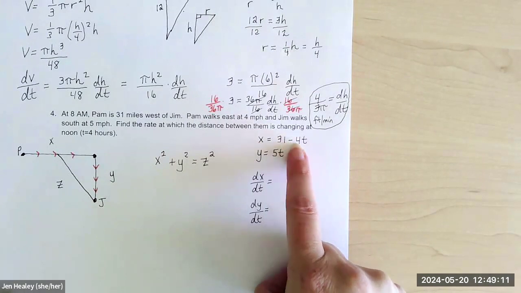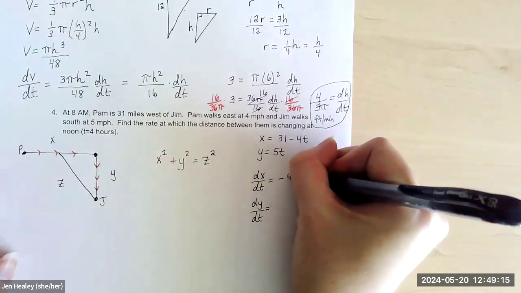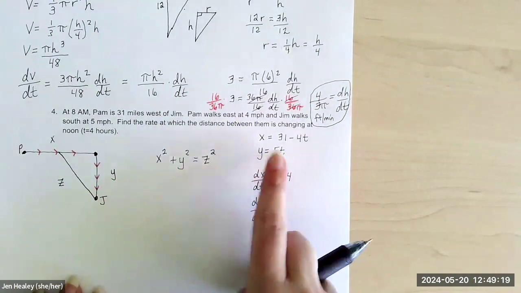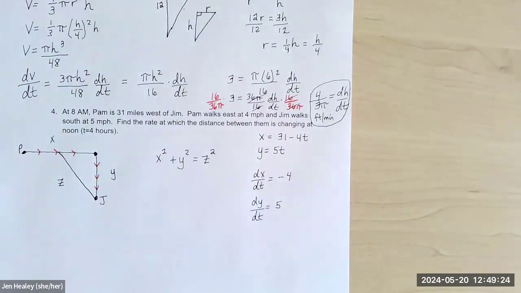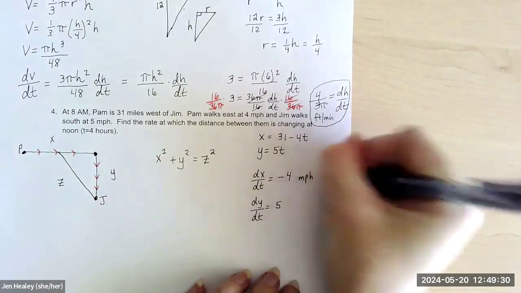We're going to write -4. My dy/dt, it's just a +5. And they're miles per hour. I could put mph after them.